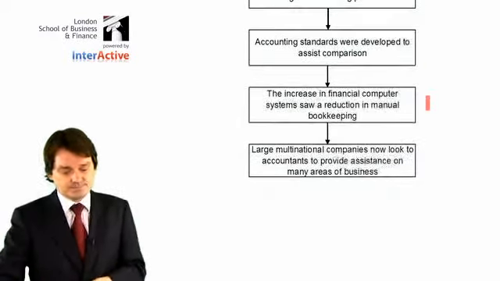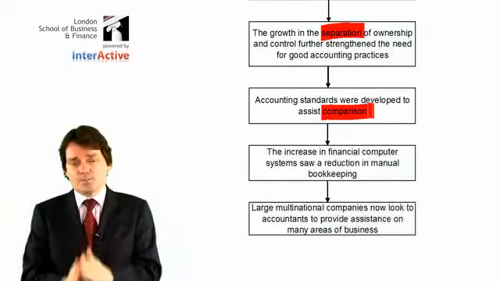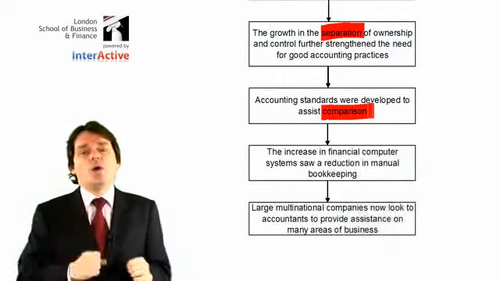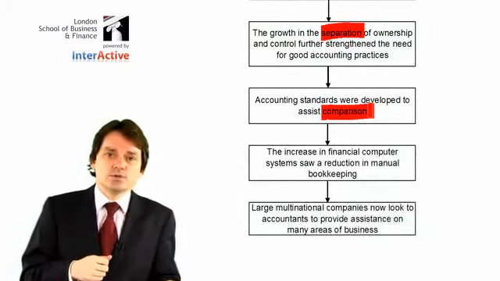There were no rules that said it had to, so the second company has no depreciation at all. Of course, I can't compare those 2 companies because they're not treating their records in the same way. The idea behind accounting standards was to force them to do things the same way, so that me, as a shareholder, I could work out who was good and who was not so good.